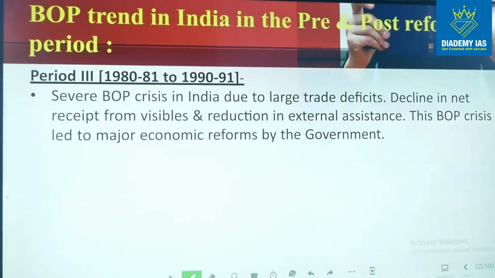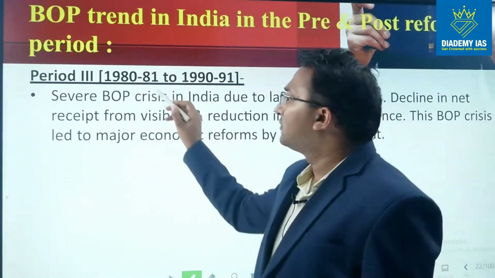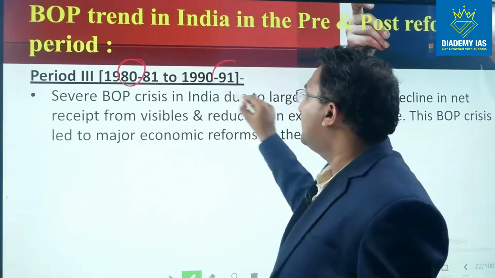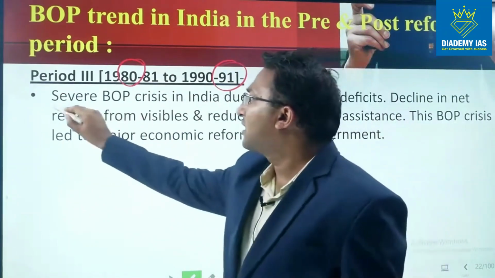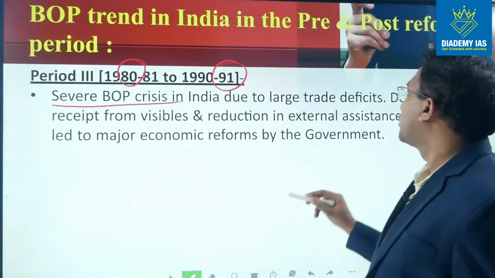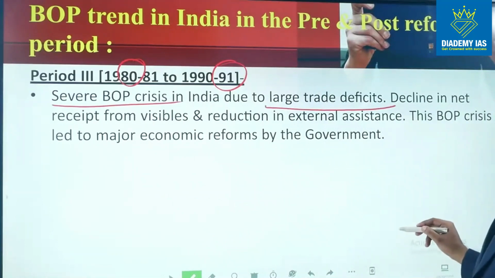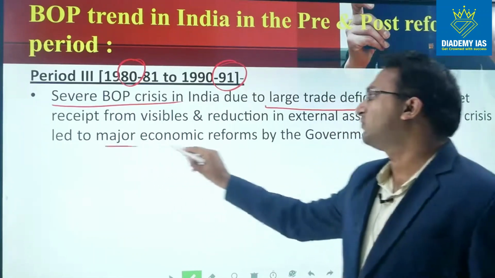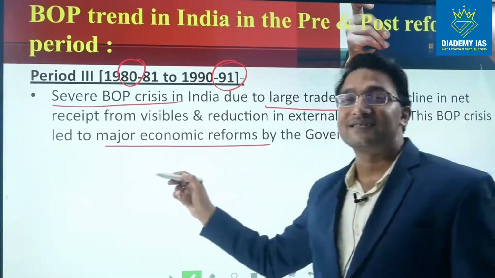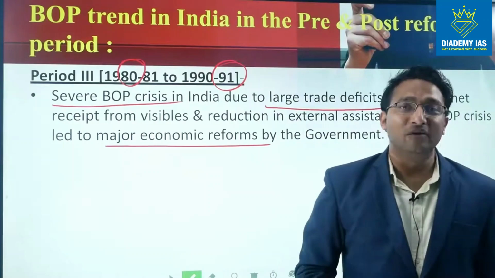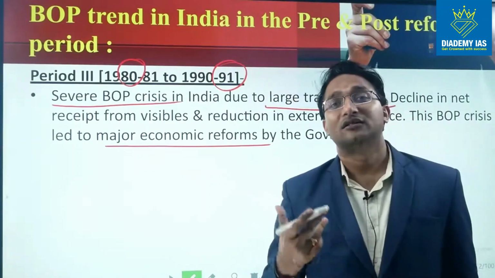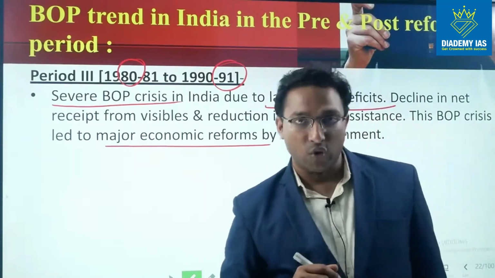Now, the next period is after 1980 till 1991. So here again there was severe BOP crisis because of large state deficit and decline in the net receipt from visible and reduction in the external assistance. This BOP crisis led to major economic reforms. Because of this major BOP crisis, India had to go to the IMF and World Bank and demand the foreign exchange reserve as a borrowing.